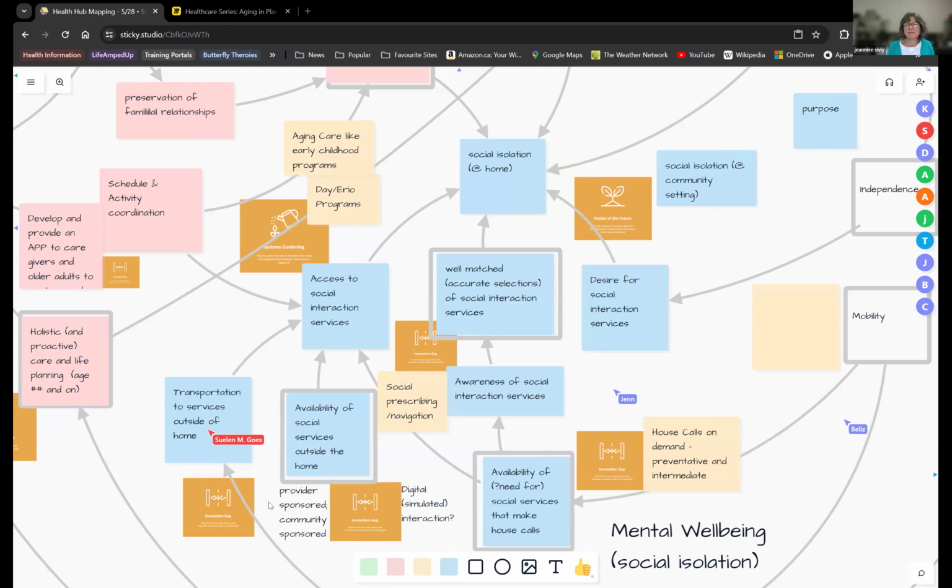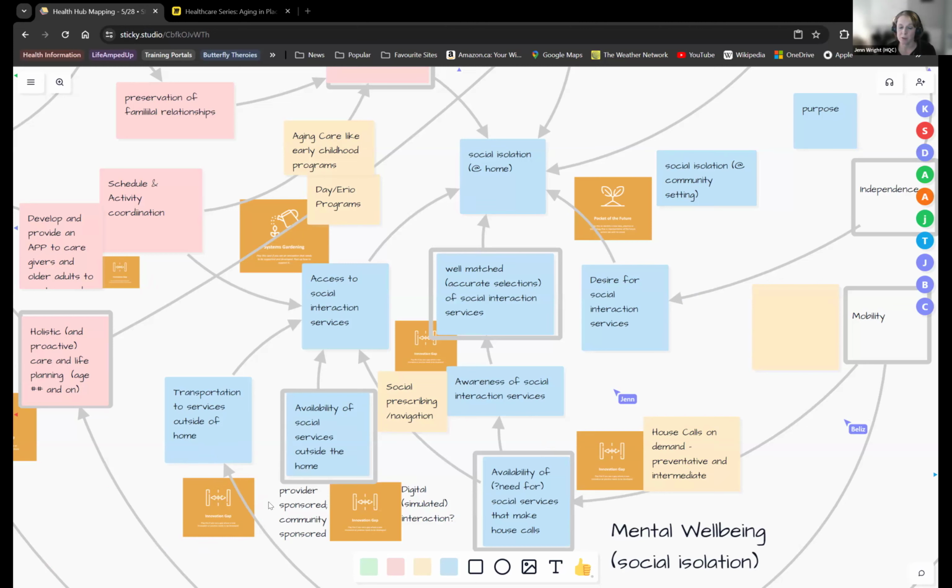Who does the prescribing? Pardon me? Who does it? Who prescribes? Yeah, it's a community connector. So it's someone usually embedded within the community. They call them different names. My team, please help me jump in if I'm making mistakes. But yeah, it's someone embedded in the community who, I guess, does some asset mapping to understand everything that's available in the community.